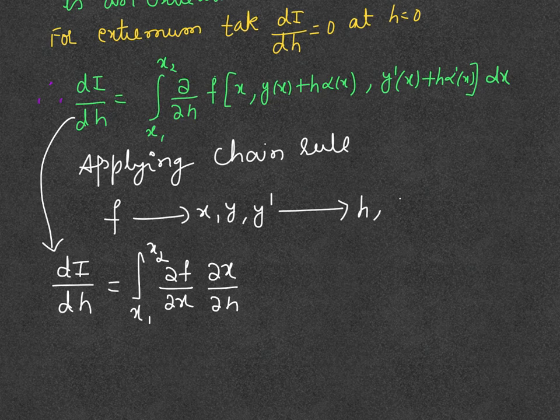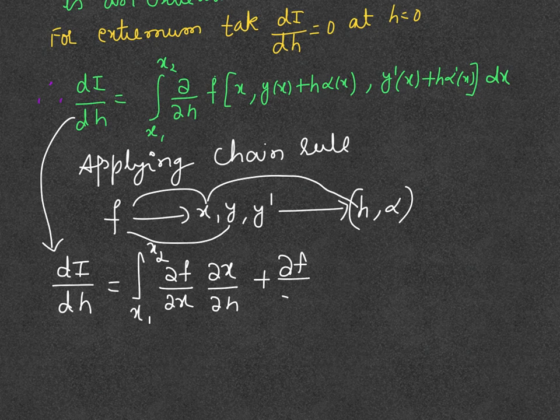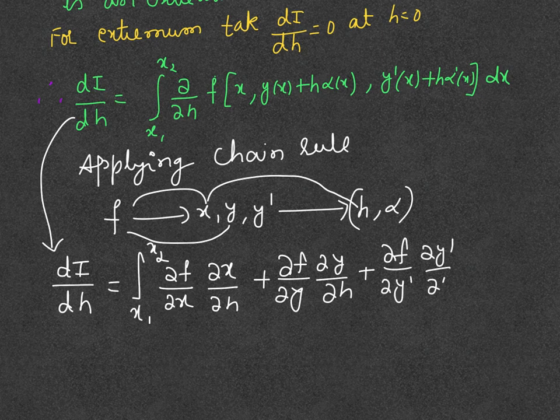It also depends on alpha, that's why we are using partial derivatives in both cases. Next, f with respect to x is done, h done. Next, f with respect to y: dou f by dou y, then y with respect to h. Next, f with respect to y dash, with respect to h, dx.